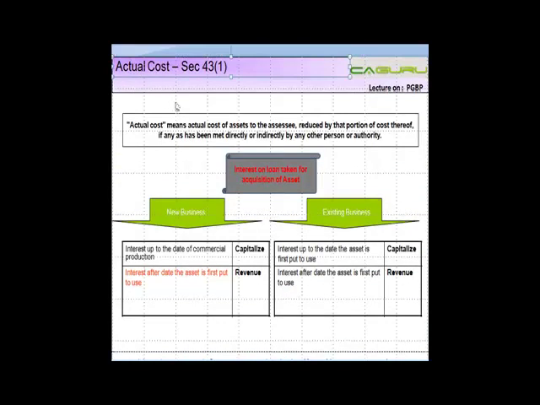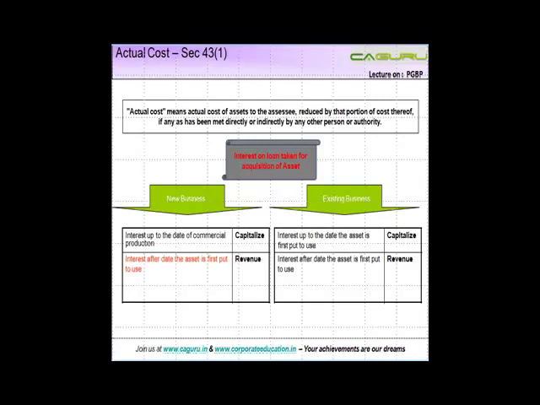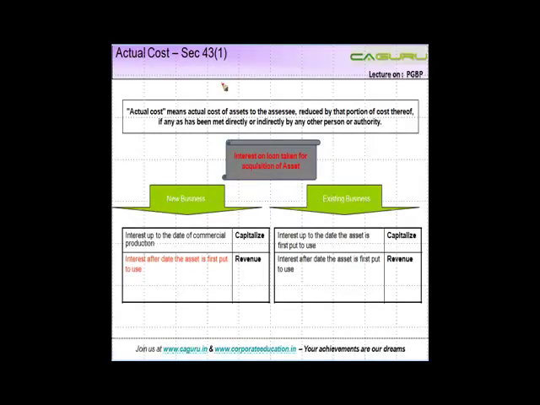Because if you don't know what is the actual cost, then basically how do you claim depreciation? And hence comes the question of ascertaining actual cost of an asset. Now, let us see first as to what do you mean by actual cost. Okay?